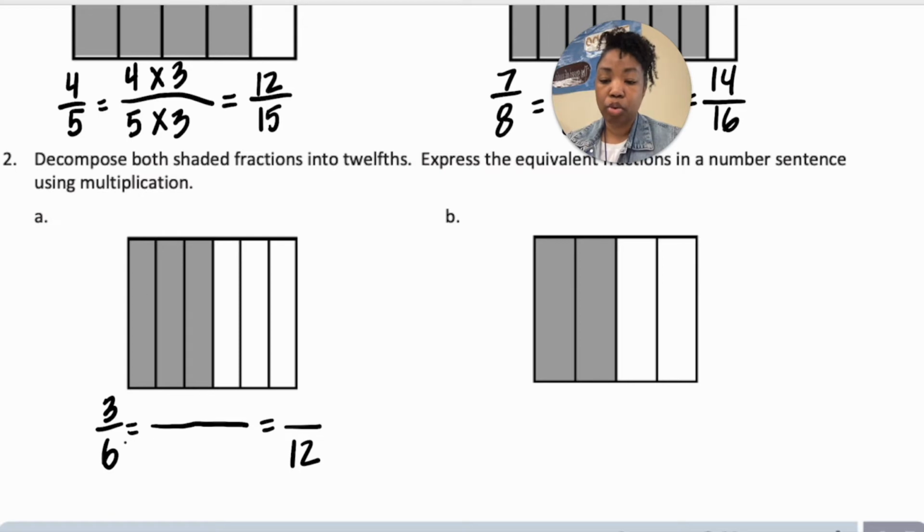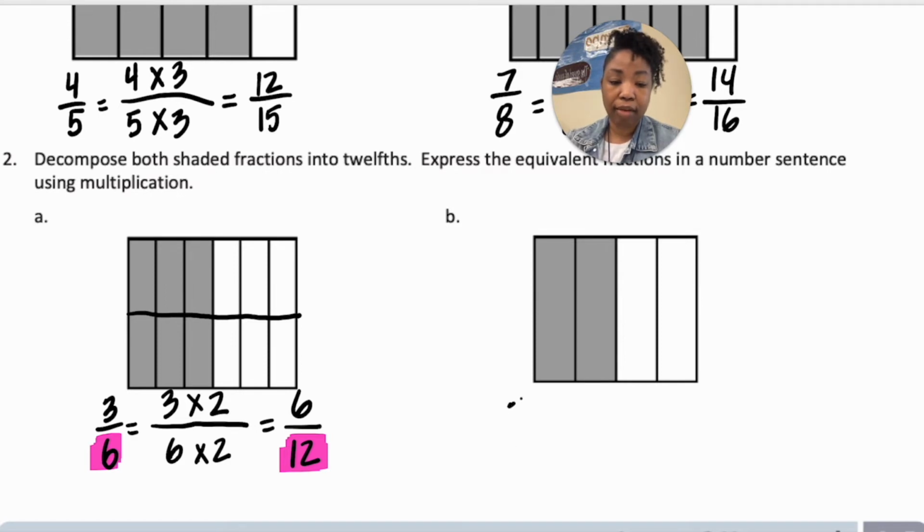I'm going to think about what do I need to do to 6 in order to get 12. I'm going to do 6 times 2. So I'm going to make 2 rows. Therein, I'm doing the 3 times 2, which gives us 6 parts shaded.